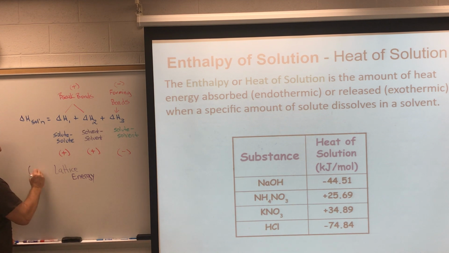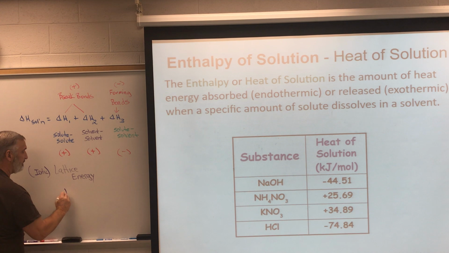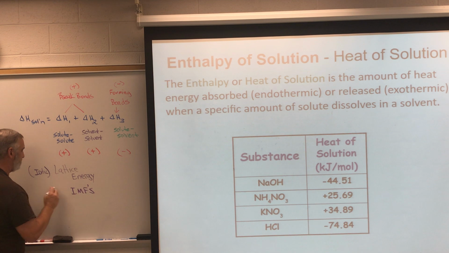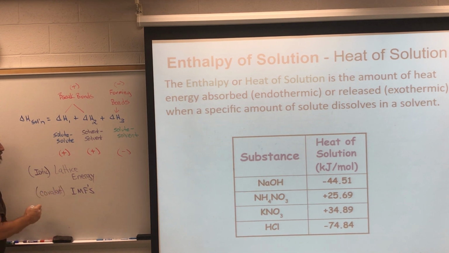If it's an ionic solute, it's lattice energy. If it's a covalent solute, it's going to be the IMFs that you're going to have to overcome. In other words, you have to break the bonds that are holding the particles together.